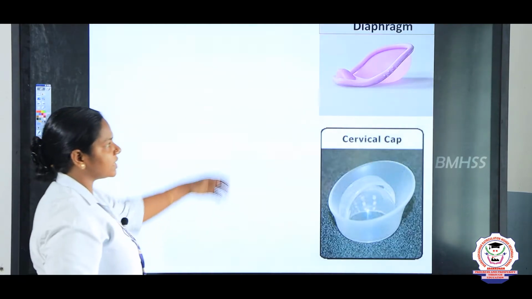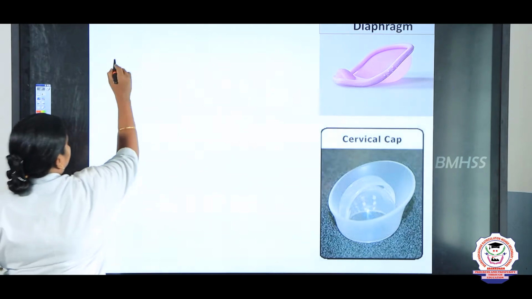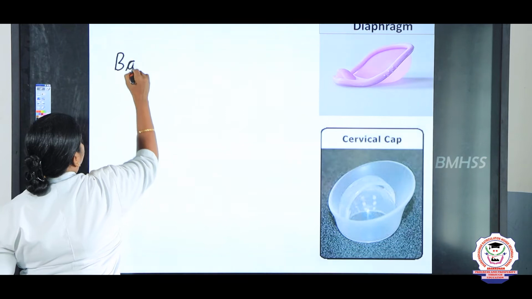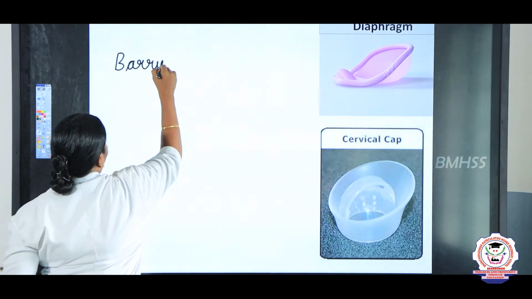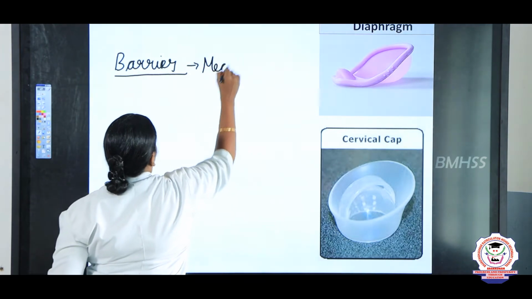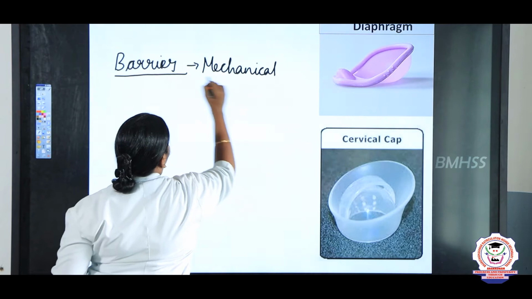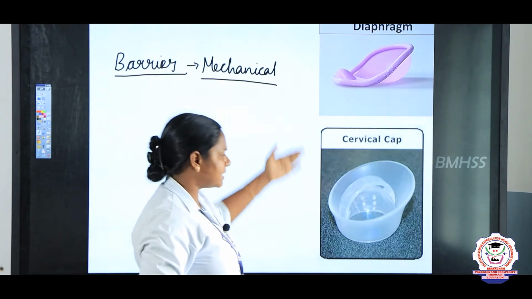Next, we are going to see some of the devices used by the female. It comes under the mechanical barrier method. The examples are the diaphragm and cervical caps.